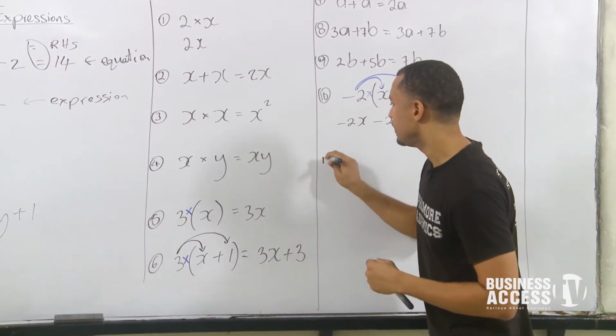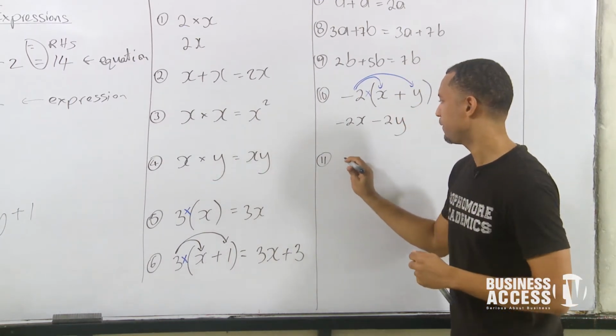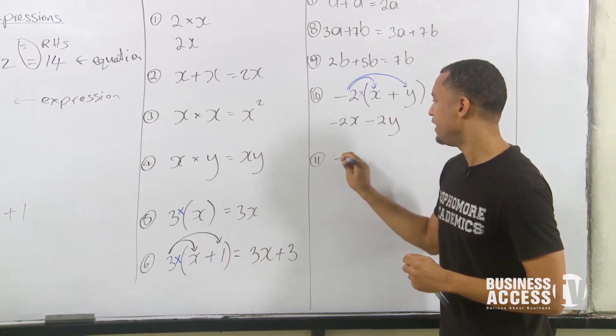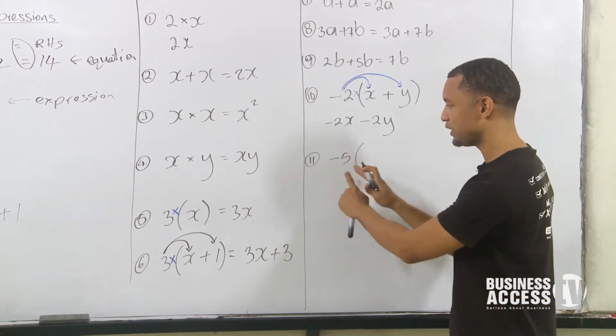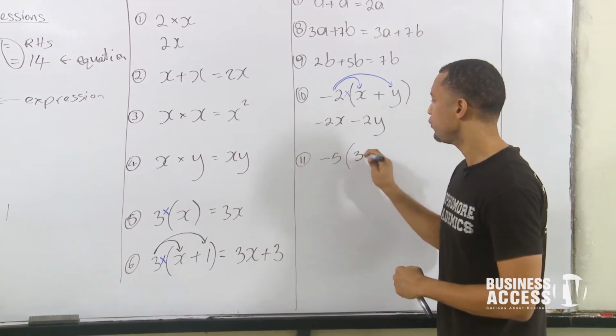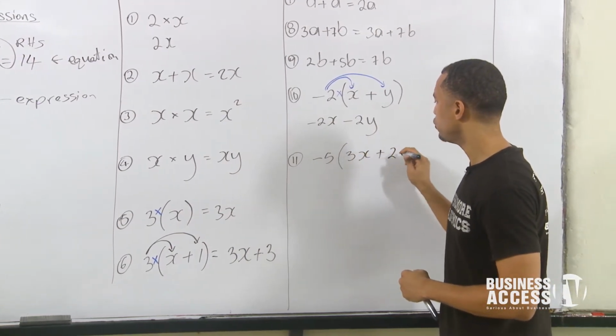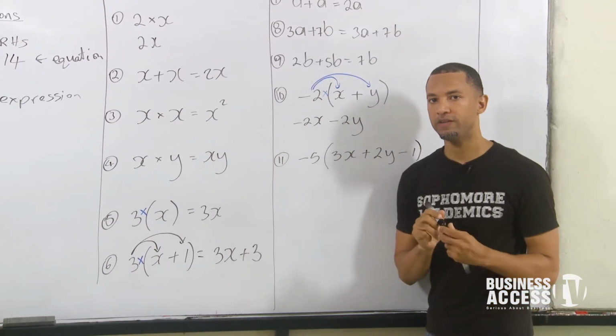All right, so let's do this. Help me out here. We have -5, and then in the open bracket, which means -5 times, we're going to have 3x plus 2y minus 1. How would we do this?